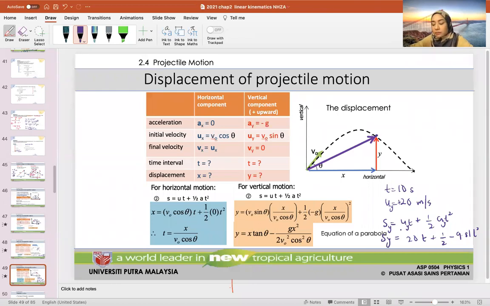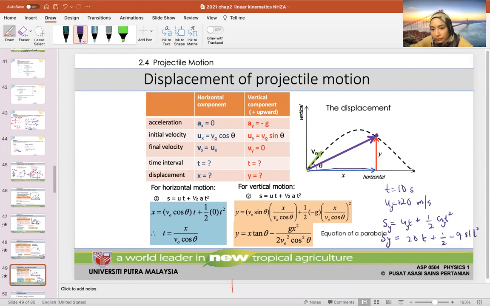So this is sama je, pakai linear kinematics, only that you have to know what is the component of each, x dengan y. You have to know what is the acceleration in the x and y. You have to know what is the velocity in the x and y, initial dengan final, and then the time interval is a scalar quantity, so the time taken to reach this point is the same for x and y.